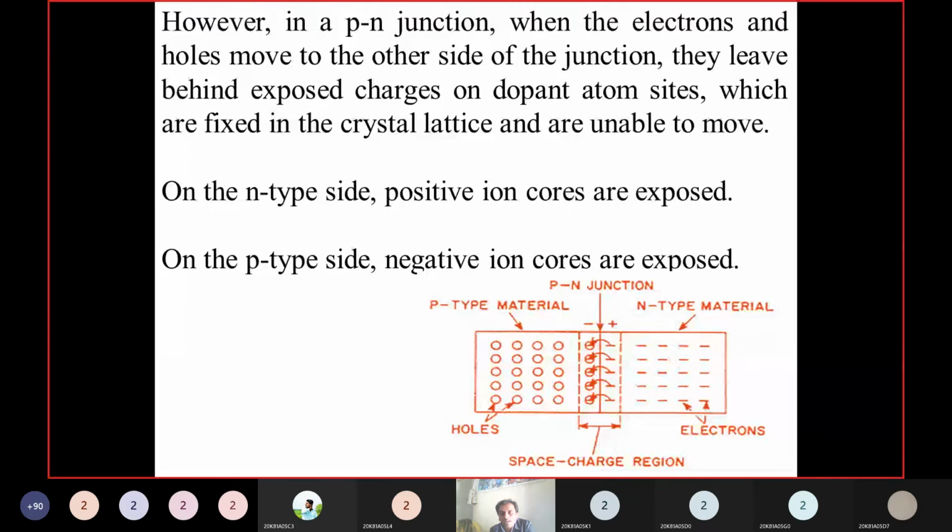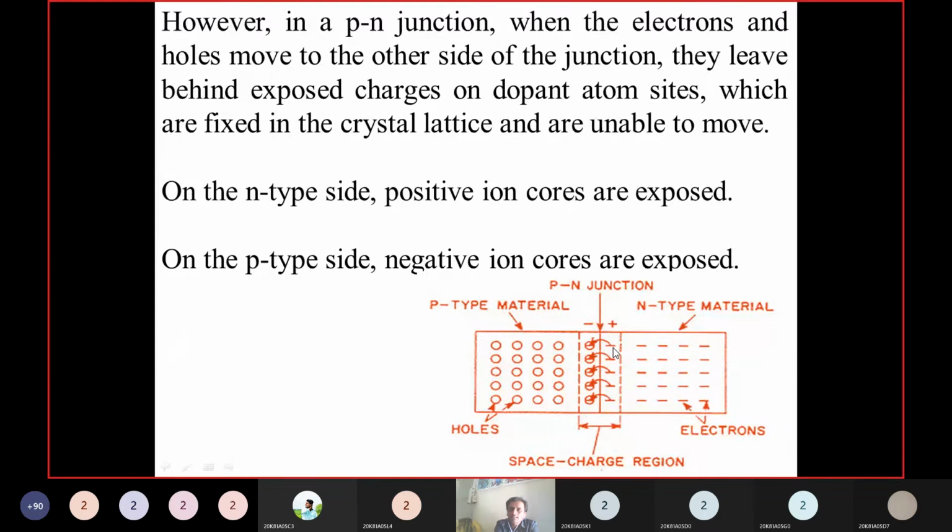If an electron is moving from here to here, this site becomes positive. Some positive charges are left in the crystalline sites. These positive charges don't move from one place to another.